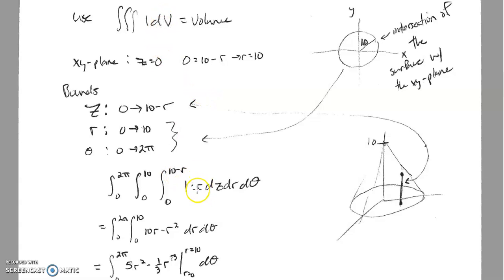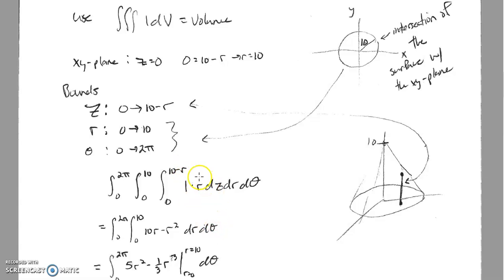It's the r from the r dr d theta in polar. So integral from 0 to 10 minus r, and then my r bounds go 0 to 10, and my theta bounds go 0 to 2 pi.